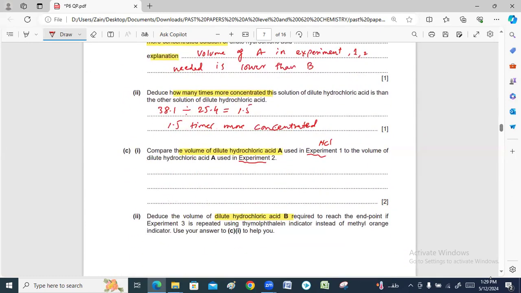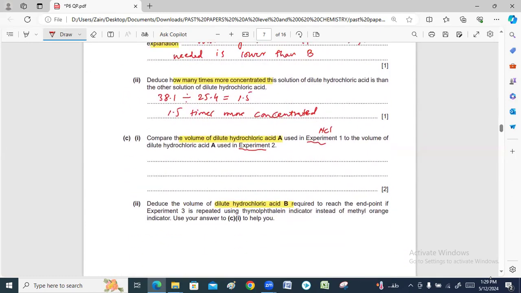So if we compare these two volumes, 25.4 divided by 12.7 is 2. So this volume is 2 times. The volume which is used in experiment 1 is twice as compared to the volume which is used in experiment 2.